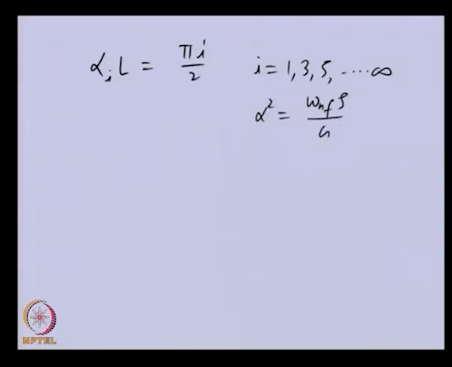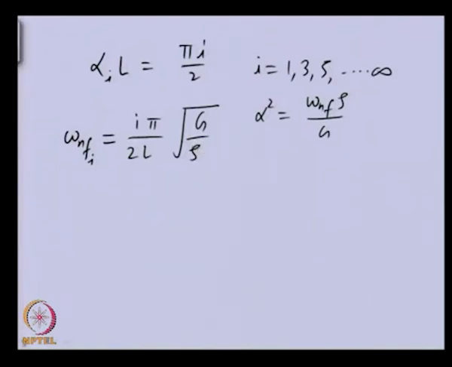So, we can get the natural frequency from this, that will be I pi by 2 L. After simplification we can get the natural frequency from these two expressions like this, and here I varies as 1, 3, 5. So, these are the various natural frequencies of the cantilever shaft.